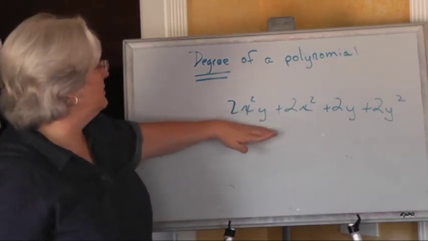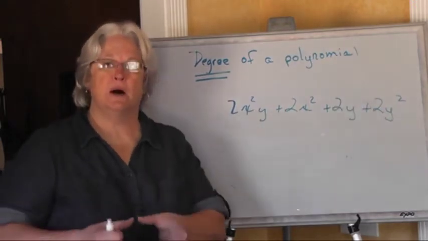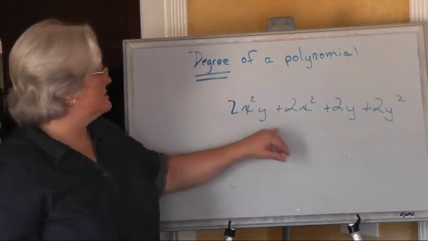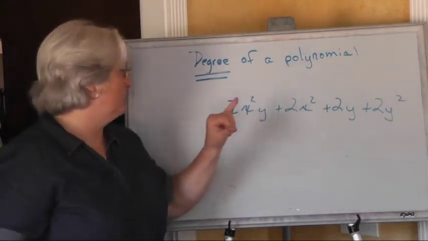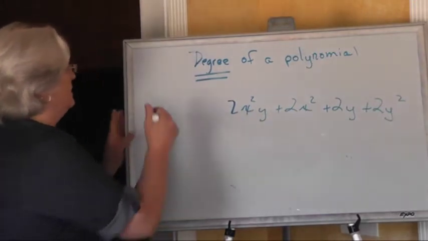So, similarly, in algebra, when you combine things that are the same, we've got x's and y's, but like terms have to agree both in the variables and in the degree.